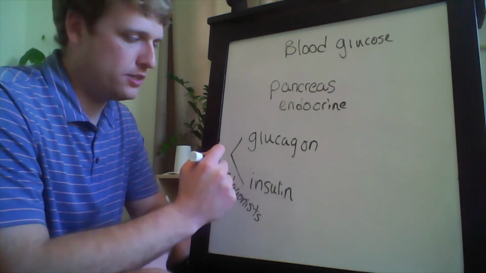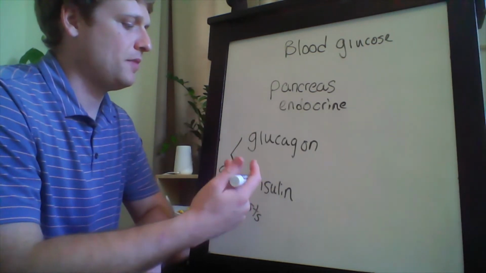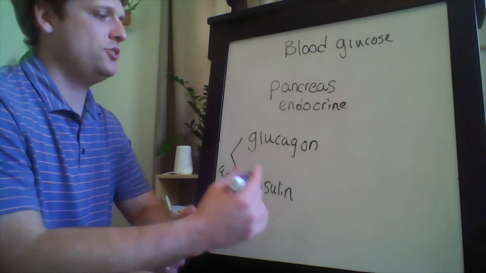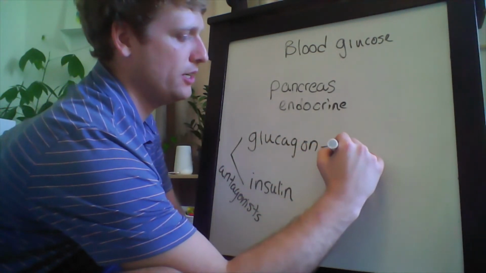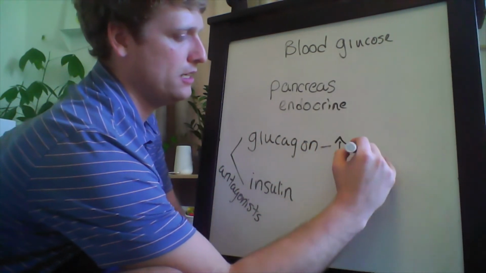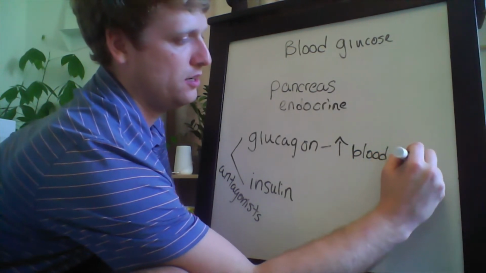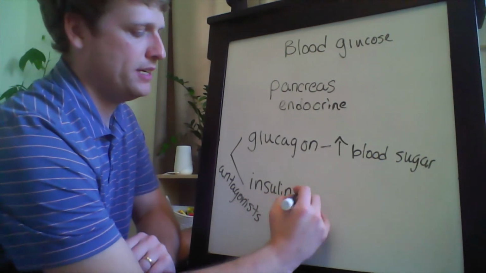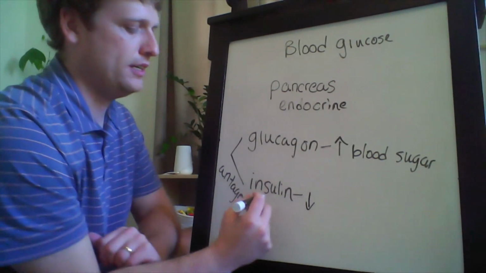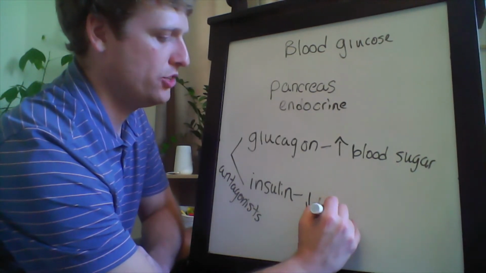What glucagon is going to do is it is a signal that blood sugar is too low. So what it's going to do is signal cells to increase blood sugar levels. Insulin does just the opposite. The action of insulin is going to end up lowering blood sugar.